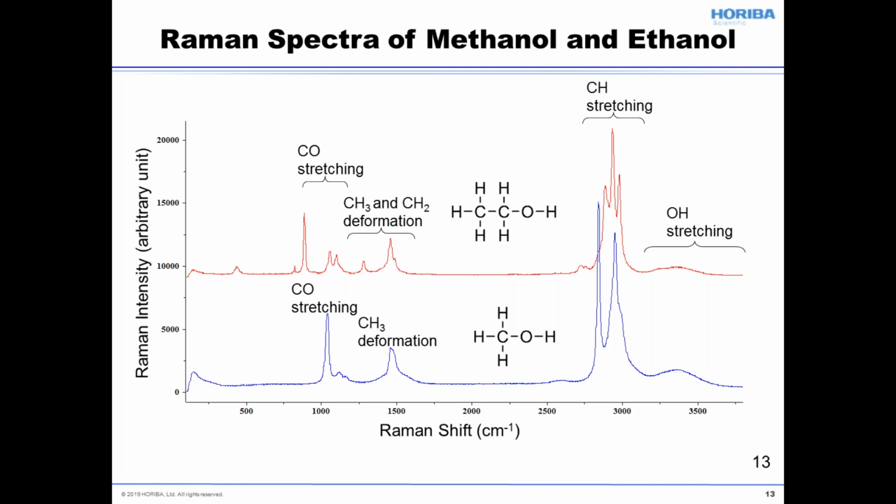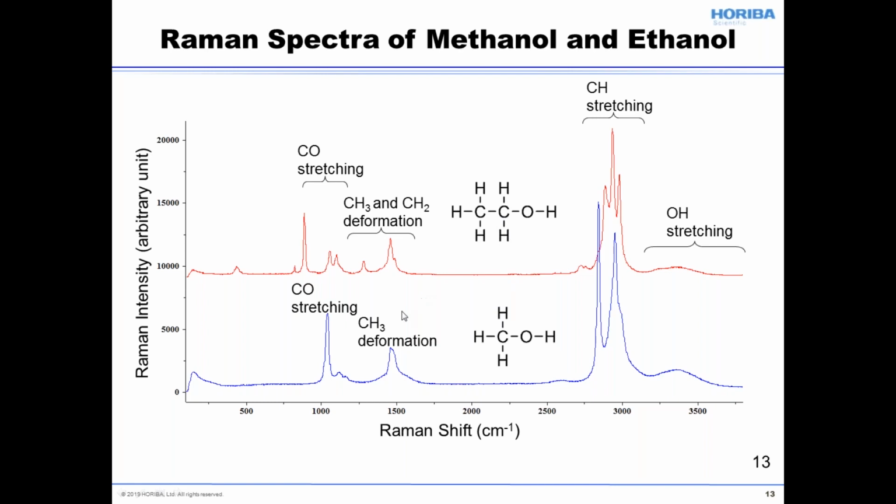And so I show you the spectra of methanol and ethanol simply, for those of you who are perhaps not familiar with Raman spectroscopy, to see how sensitive it is to molecular structure, because here we have basically two alcohols that differ only by the one CH2 group, right?